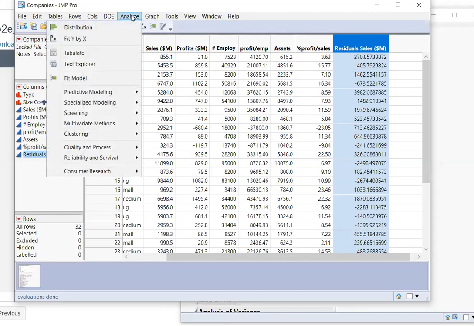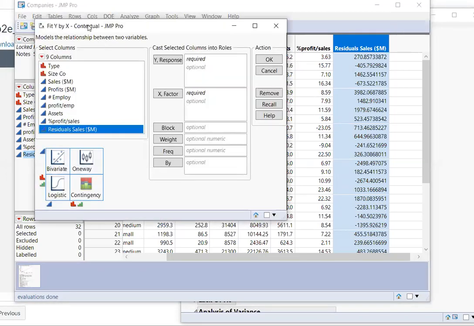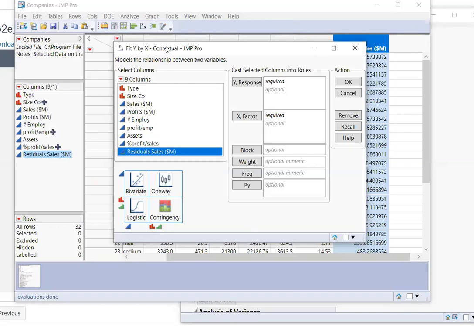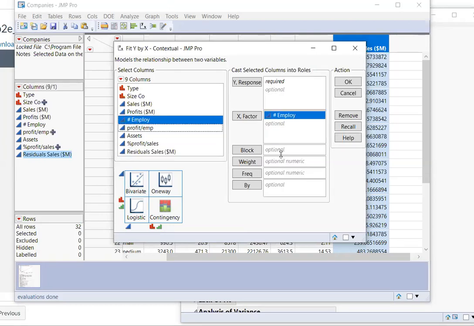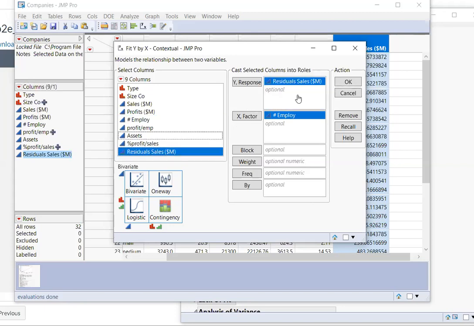So go to Analyze, Fit Y by X. We want to create a scatter plot where the x-axis is our IV, which is number of employees. But the Y is not our DV anymore, it's not sales, it's our residuals. Residuals go to Y, and IV goes to X.